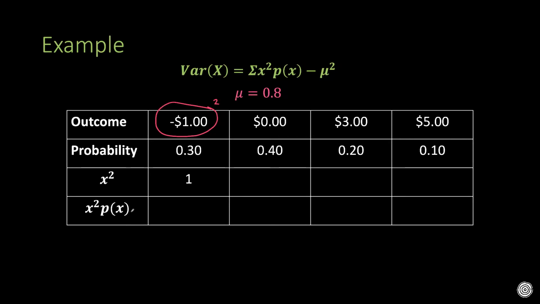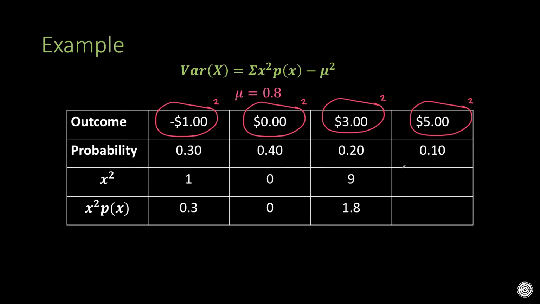So x squared is 1, and 1 times 0.3 is 0.3. Squaring 0 is just 0, and 0 times 0.4 is 0. Squaring 3 gives me 9, and 9 times 0.2 is 1.8. Squaring 5 gives 25, and 25 times 0.1 is 2.5.